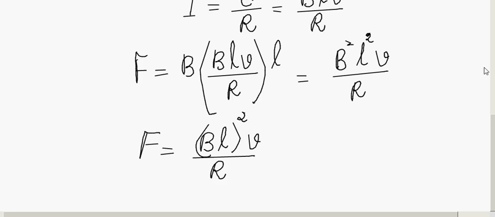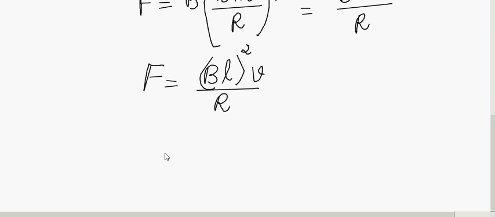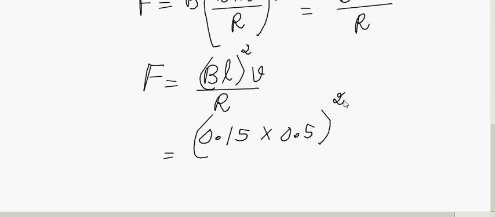Now we substitute the quantities one by one. The given field is 0.15, and length of the rod is 0.5, whole square, and velocity is 2 meter per second, and the resistance is 3.